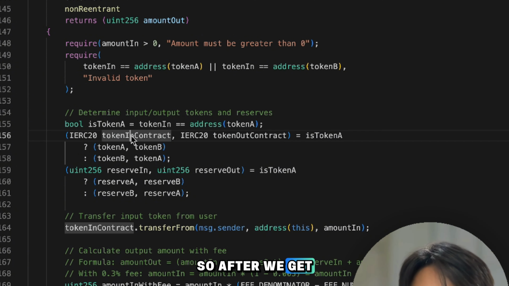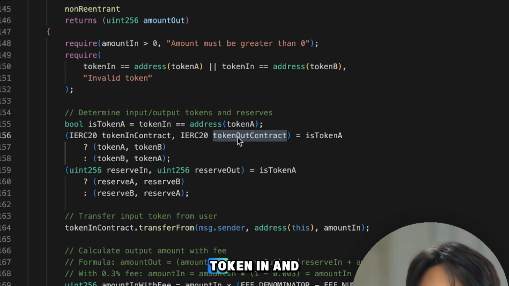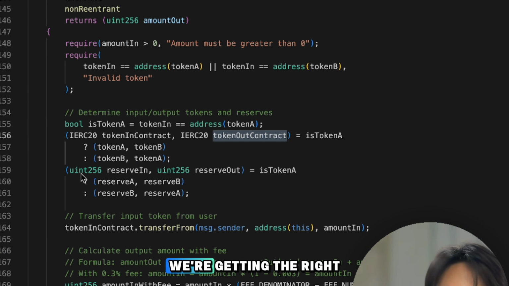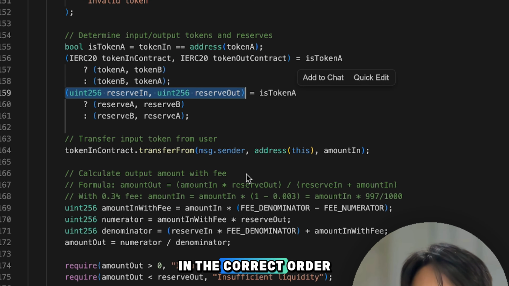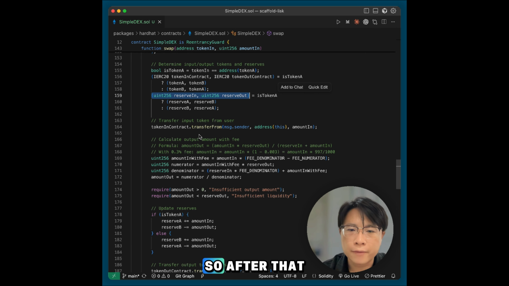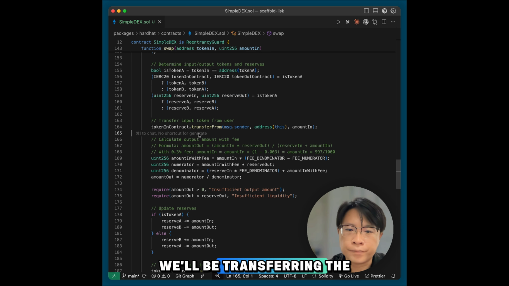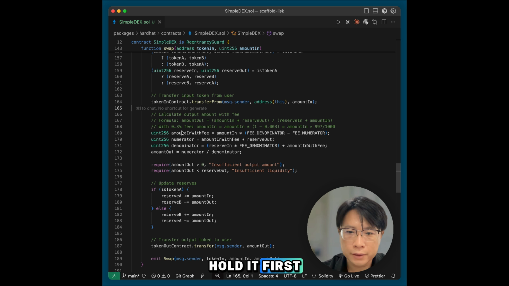So after we get the correct token in and out contracts, we're getting the right reserve of the pool in the correct order. After that, we transfer the input token from the user to the contract to hold it first.